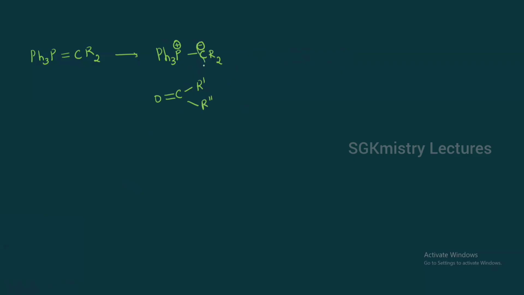Now this minus charge can attack this carbonyl carbon. Now this shifts here, so this can also be written as Ph3P plus, CR2, with the bond formed between the two carbons, R dash, R double dash, and here O minus. Now this O minus can attack the phosphorus.